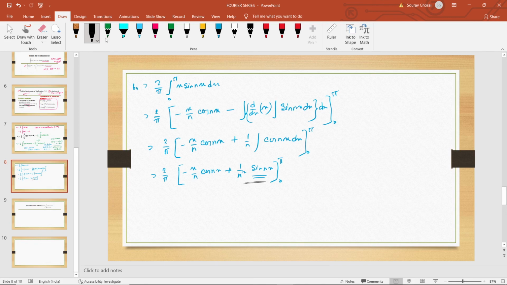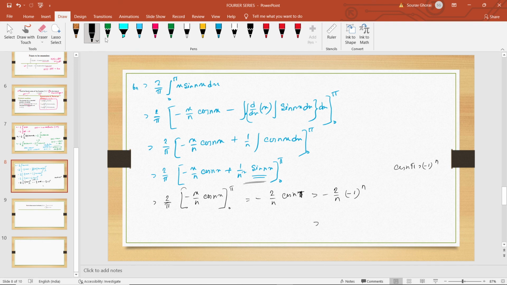So this part will disappear, only this part will be left. 2 by pi, minus x by n cos nx, and here if we put the upper limit and lower limit, the lower limit part will vanish. So if we put the upper limit, here we get minus 2 by n cos n pi, and we know that cos n pi is equal to minus 1 whole to the power n. So from here we can write minus 2 by n times minus 1 whole to the power n.